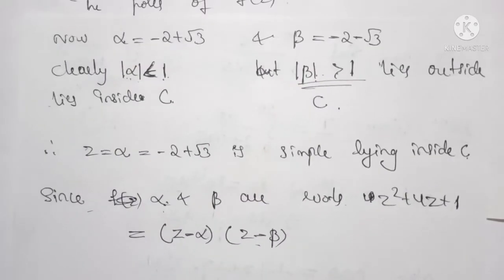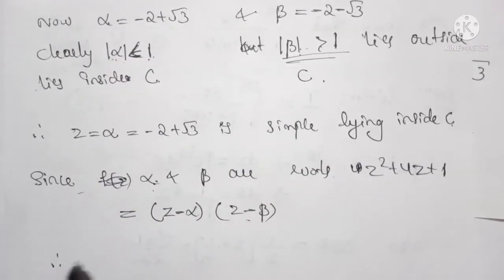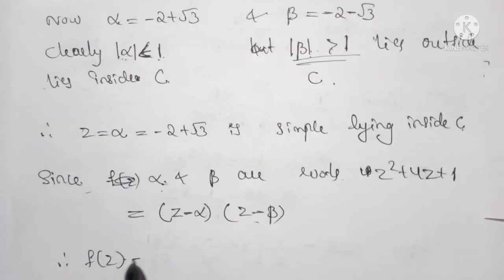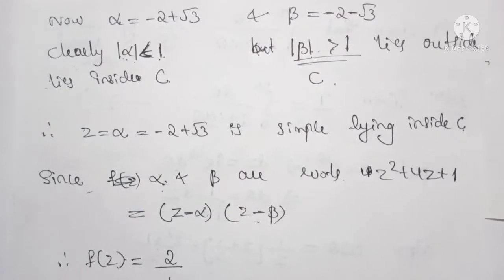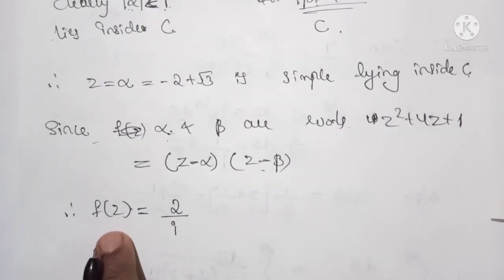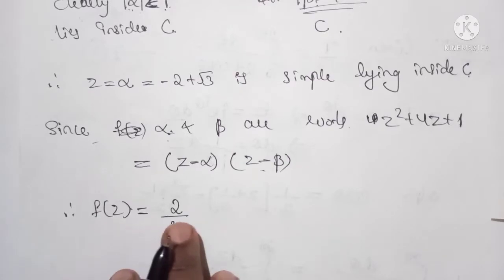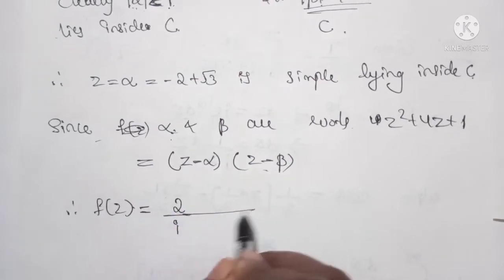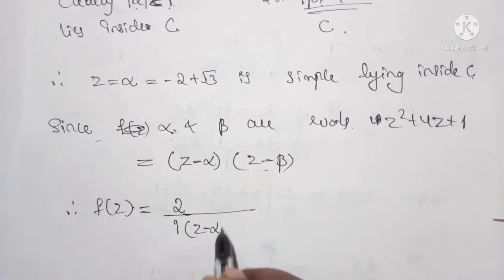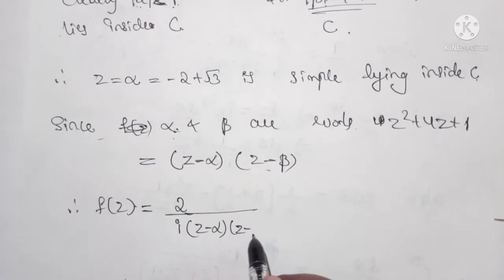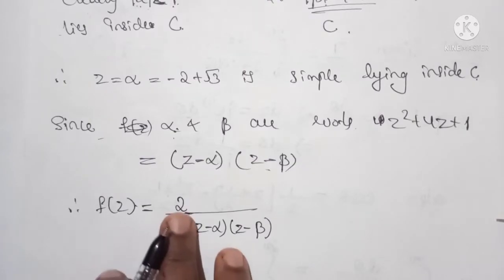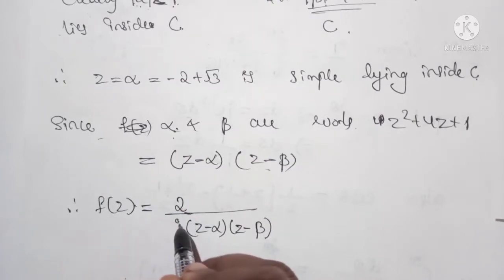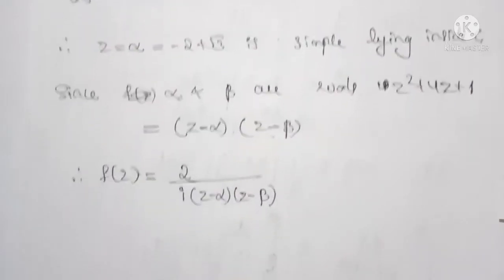Therefore f of z can be written as 2 by i, 1 over z minus alpha, z minus beta. I am not considering the integral sign here, only f of z. Or you can take this 2 by i outside itself. You can just substitute that value.